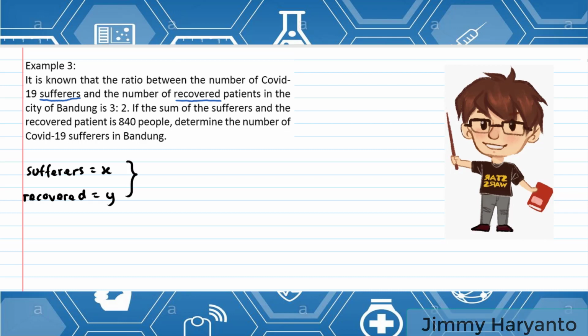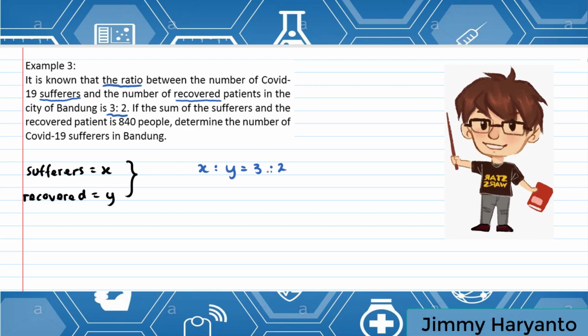And then from this sentence, the ratio between the sufferers and recovered is 3 to 2. You could write the ratio of x and y equals 3 to 2, right?